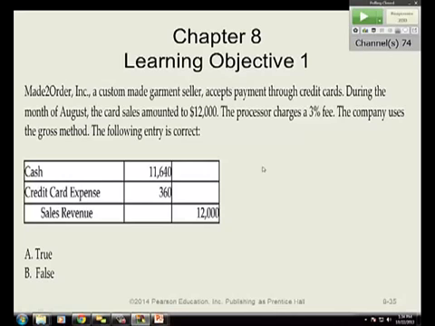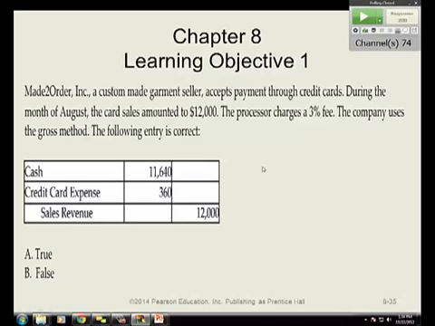So if it was the gross method, you would debit cash, credit sales, and then when the fee is assessed, so that would be the gross method.